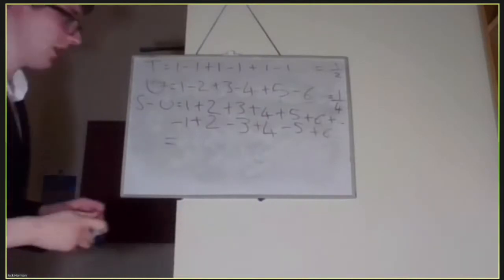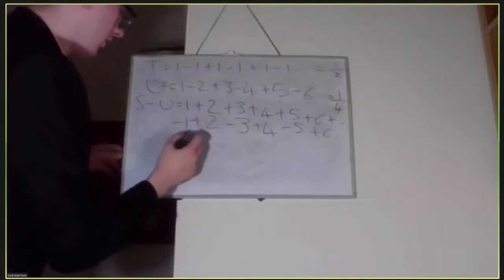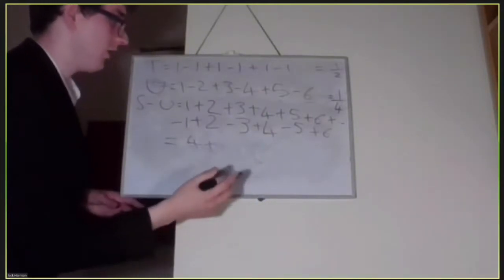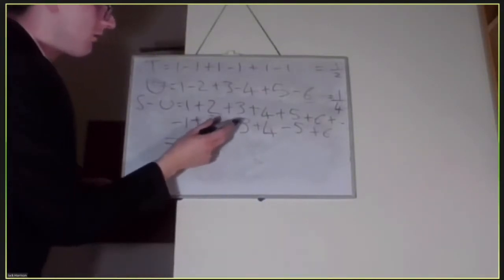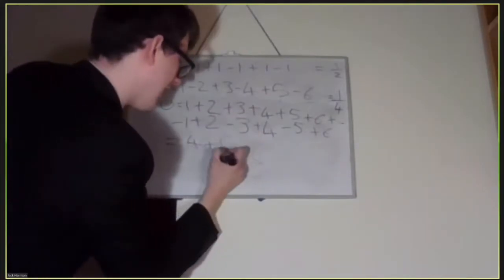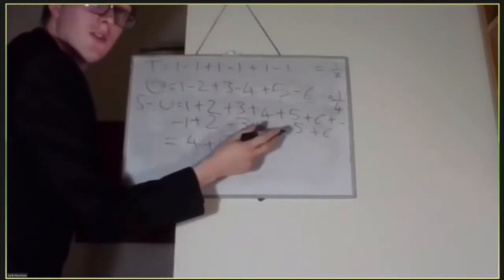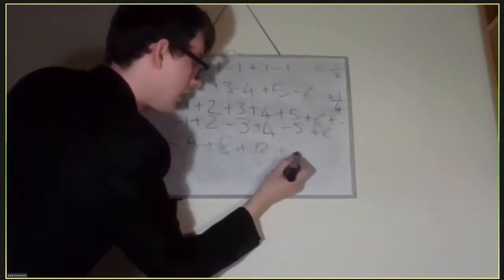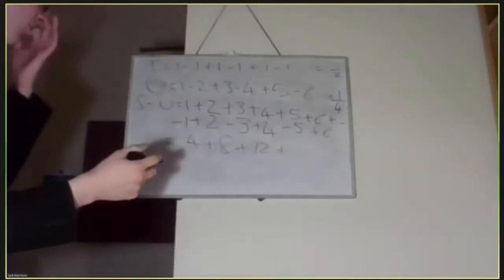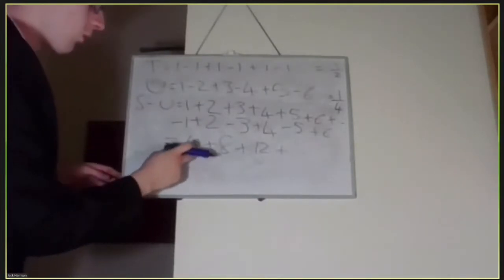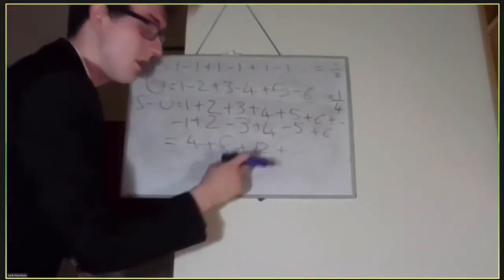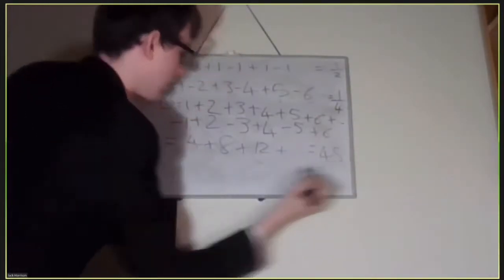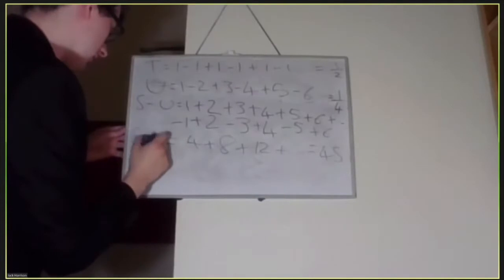That is 1 minus 1 is 0. 2 plus 2 is 4. Plus 3 minus 3 is 0. 4 plus 4 is 8. 5 minus 5 is 0. 6 plus 6 is 12. And this pattern would continue. That's 4 times 1 plus 2 plus 3 plus etc. That's 4S is equal to S minus U.